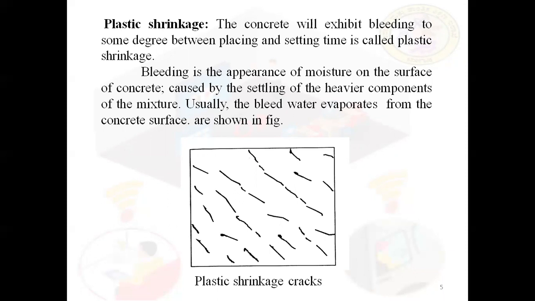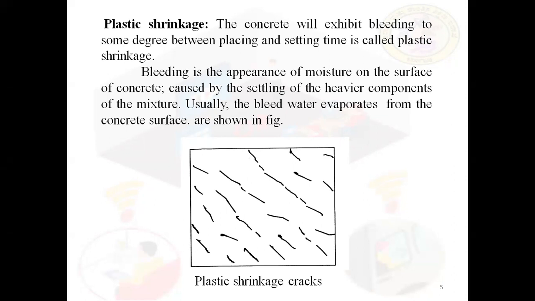This occurs because of the bleeding water which evaporates from the surface. We know segregation and bleeding of concrete. Segregation is the separation of the aggregates and the water content. Bleeding is the water which comes up, while the heavier components, the aggregates, settle down and the water comes to the surface of the concrete mass.